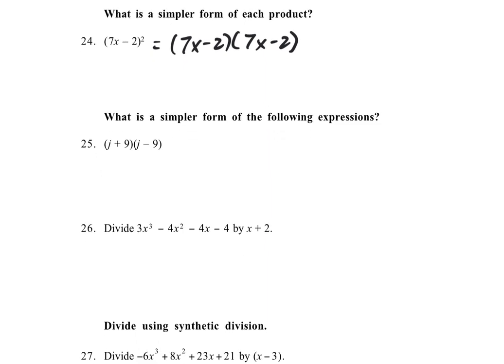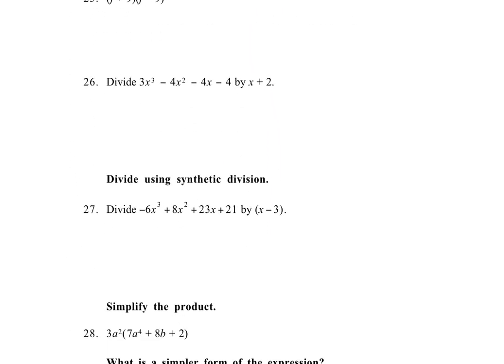Okay, I will not make you do a long division problem. If you want to do long division, you can do long division. Okay, but it just says divide, so you can do synthetic or long division. Okay, same thing on 27. Anytime it says divide, and you're dividing by a binomial, then you can either do synthetic division or long division.